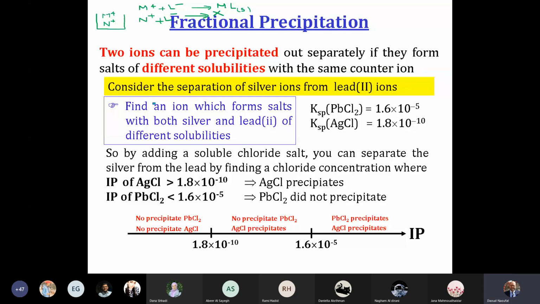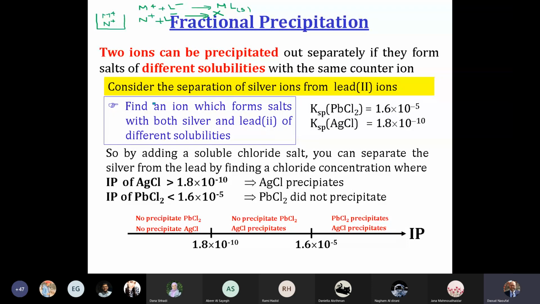So what is the result? We separate M plus from N plus. So this is what we call the separation of ions. Can we separate M plus totally from N plus? Yes.